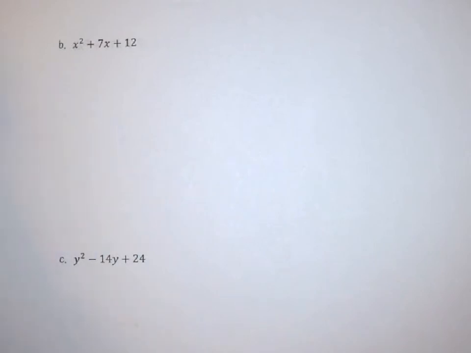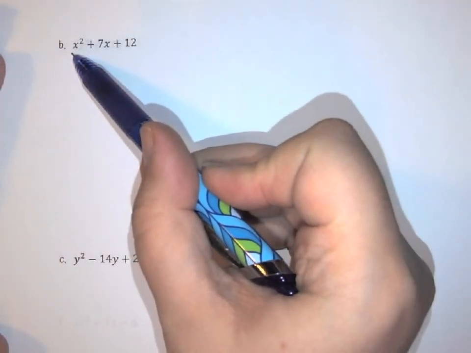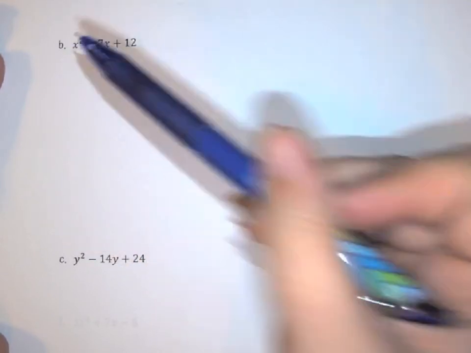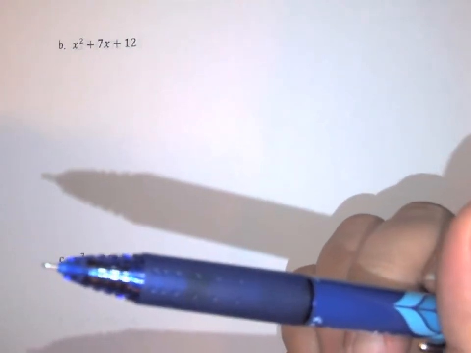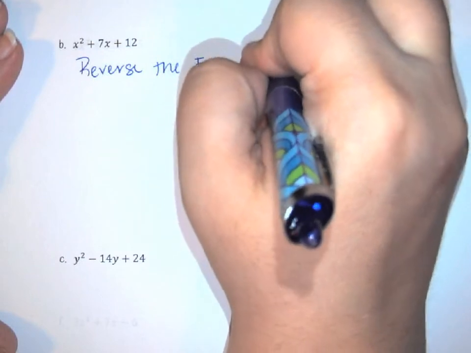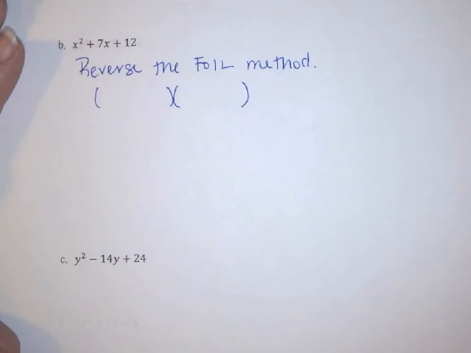So I have x squared plus 7x plus 12. If you notice, I have a 1 again for my A term. So here, instead of looking at bottoms up, one thing that you could do is what's called reversing the FOIL method, which essentially says you're going to set things up where the first thing you know is that you have to break things into the two binomials.